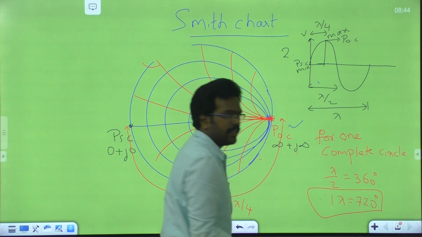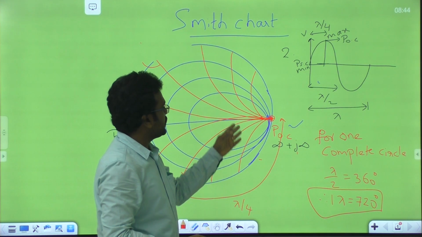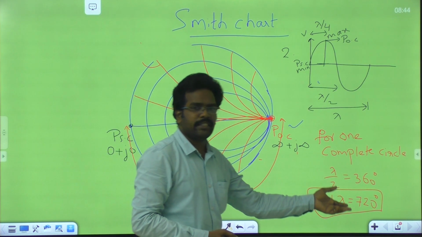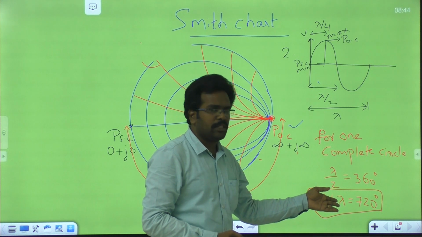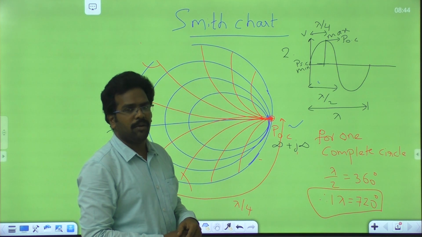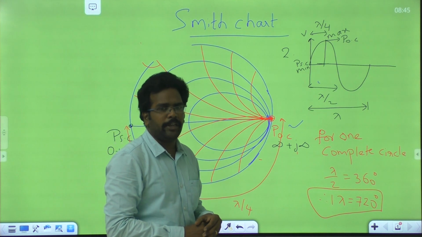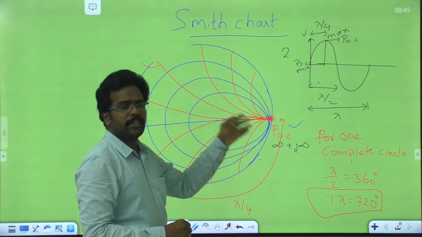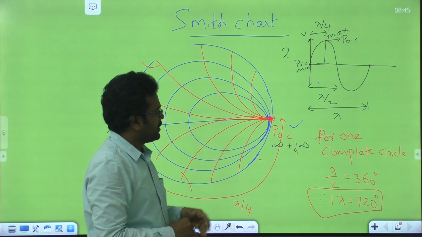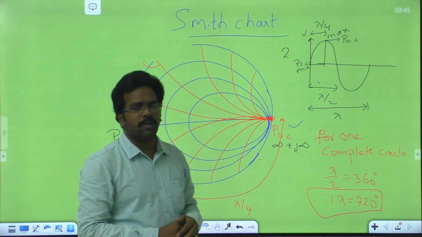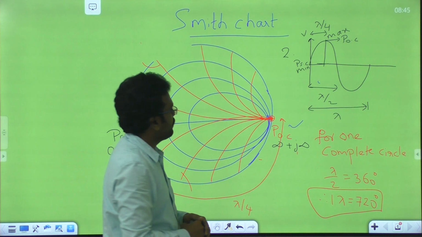In some cases, we should convert the distance in terms of degrees. In that case, I can use this value: 1 lambda is equal to 720 degrees. This is the second point to be noted. The first point is the location of PSC and POC, and the second point is 1 lambda equal to 720 degrees.